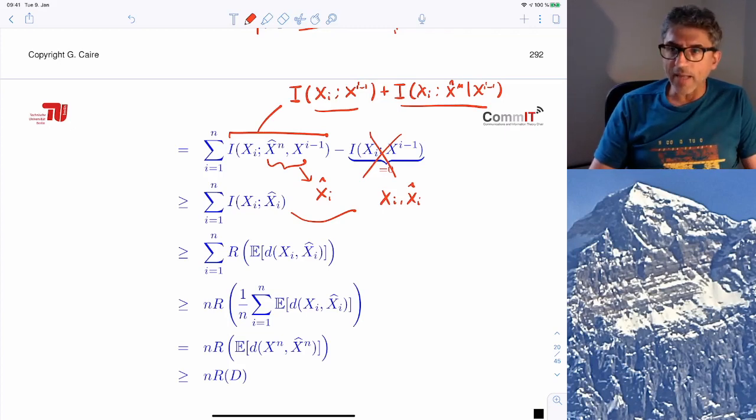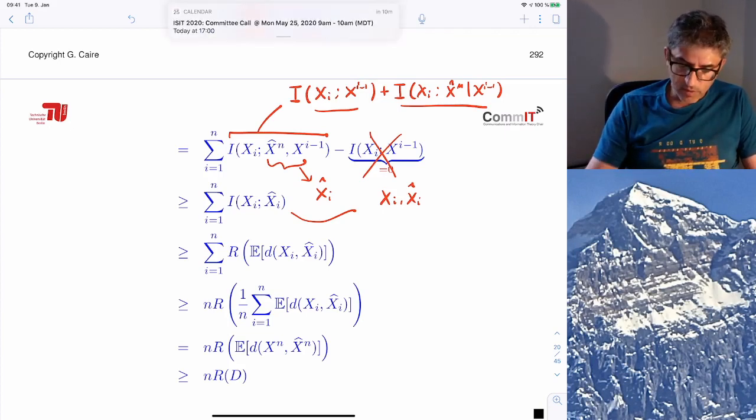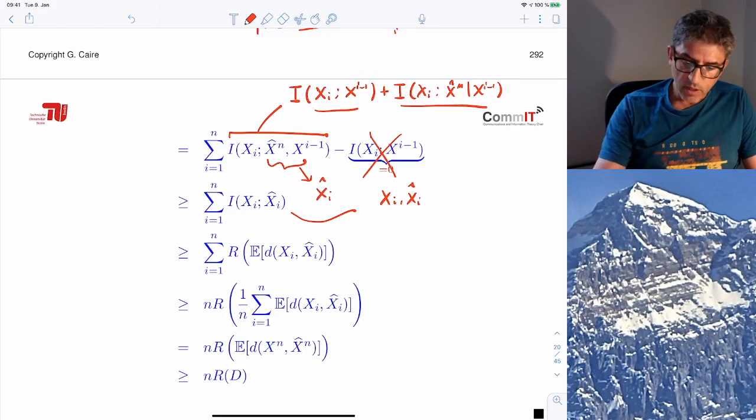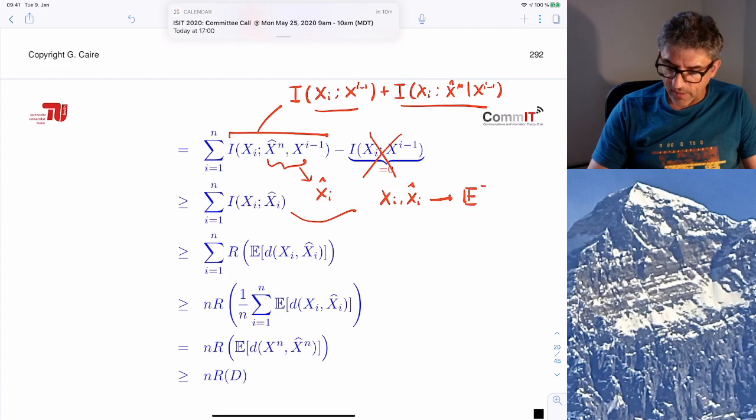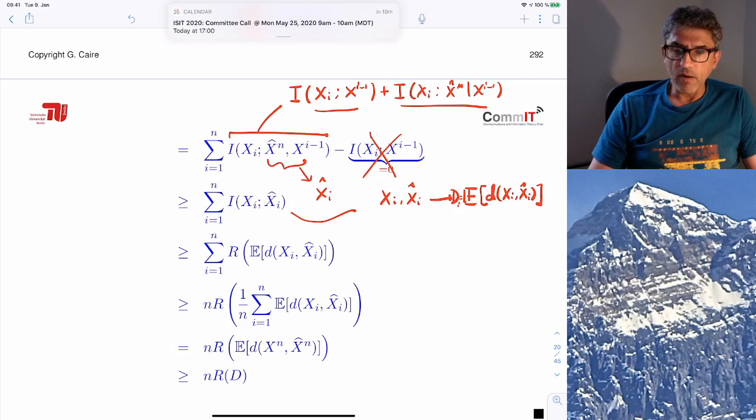But this is the ith marginal distribution for two symbols X_i and X-hat_i, and this ith marginal distribution induces a certain level of distortion that I can call D_i equal to this, the distortion function applied to this pair of jointly distributed random variables, okay?